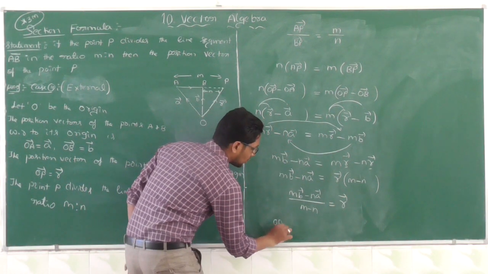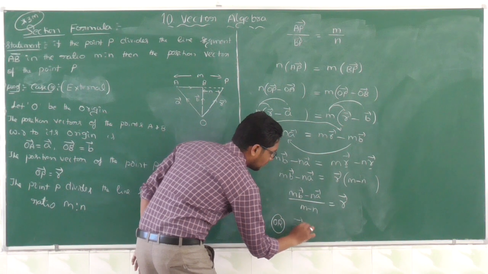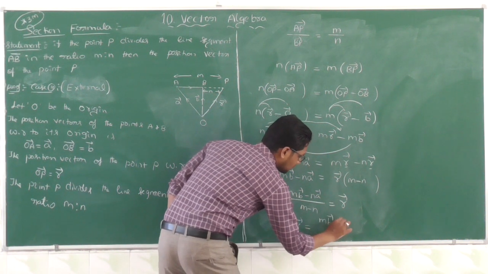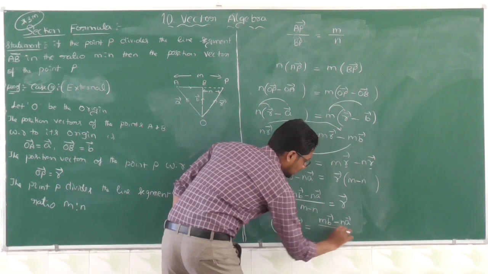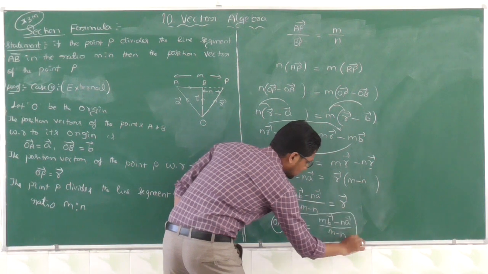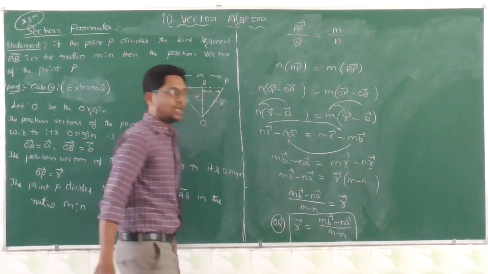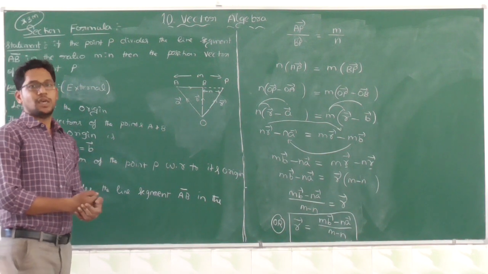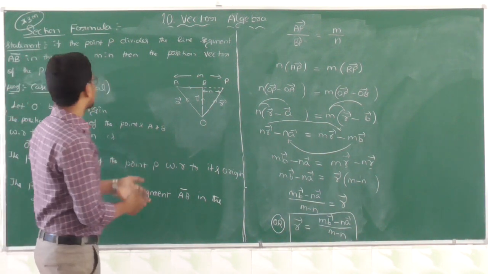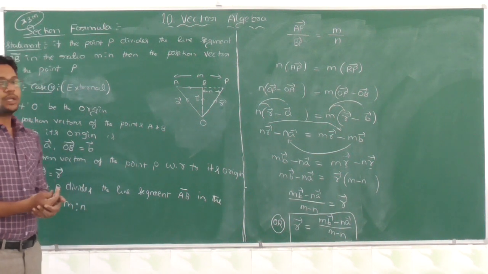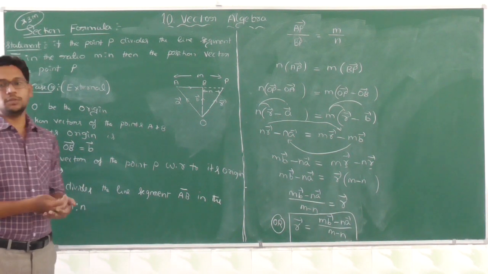Hence, this is the second case, the external case. It is the section formula for 3 marks.